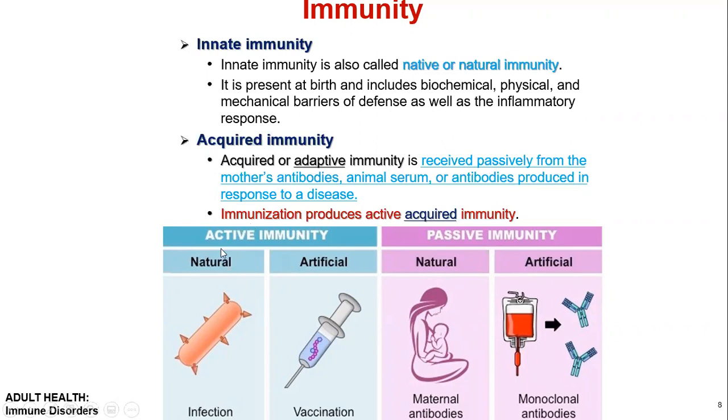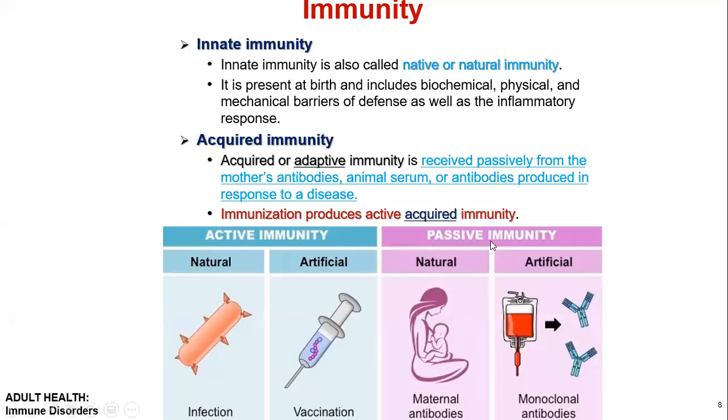When the body produces antibodies in response to exposure to a live pathogen, virus, or bacteria, this is active natural immunity. And active artificial is like vaccination. When the body produces antibodies in response to the vaccine, it is called active artificial immunity.